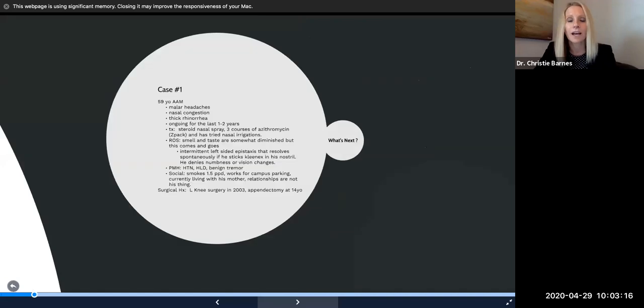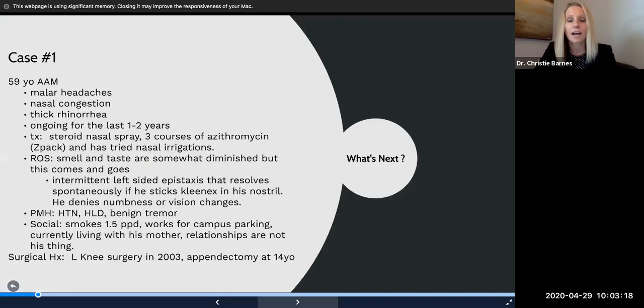I had an African male who presented to my office with classic sinus symptoms. He had headaches, and I always harp on my residents: you need to clarify what congestion is. Congestion can be, to the patient, facial pain. I want to clarify if they have nasal obstruction, or if it's that pressure feeling, because that's going to get me on the way to a diagnosis.